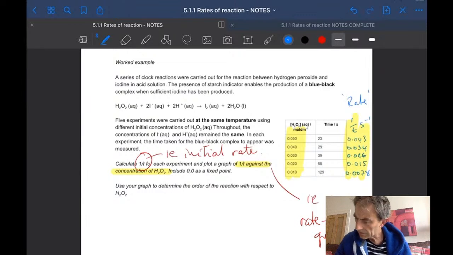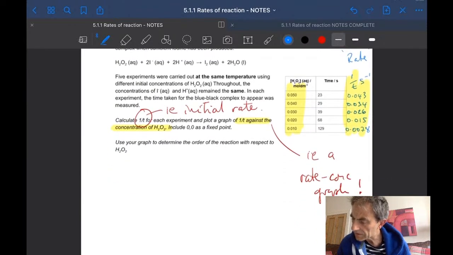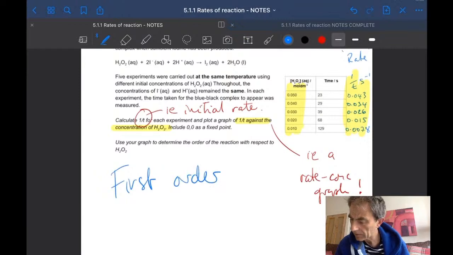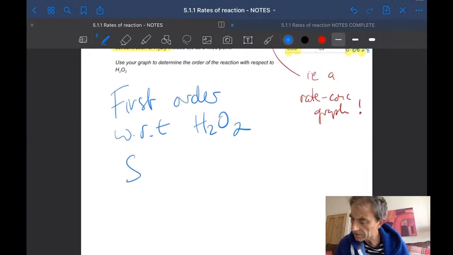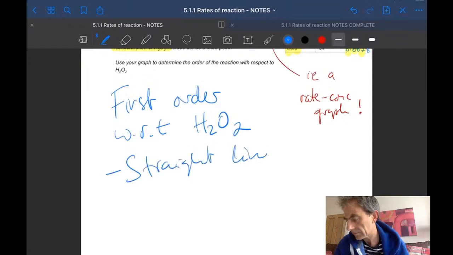So use your graph to determine the order of reaction with respect to hydrogen peroxide. It's first order with respect to H2O2. How do we know? It's a straight line graph through the origin.